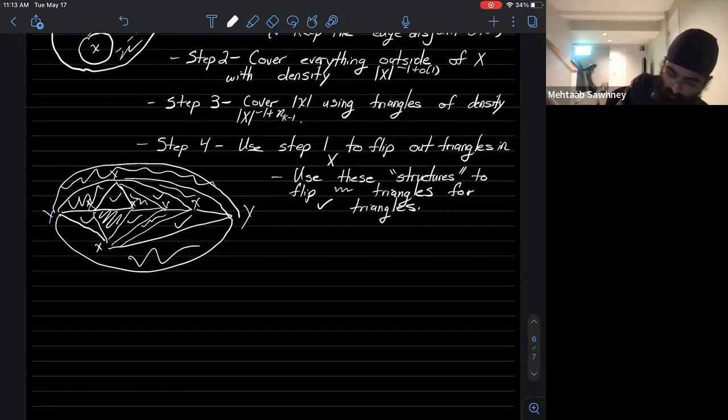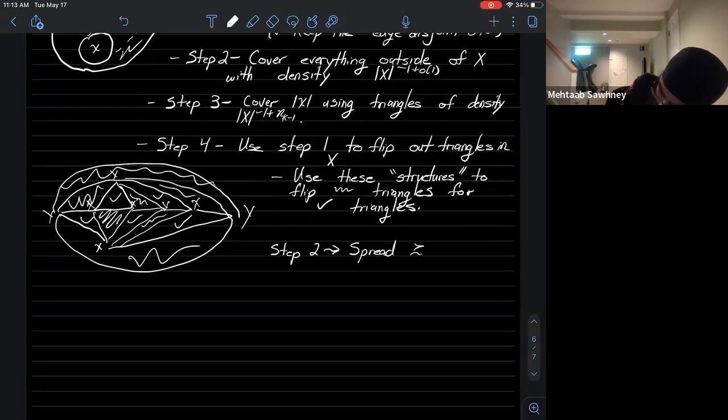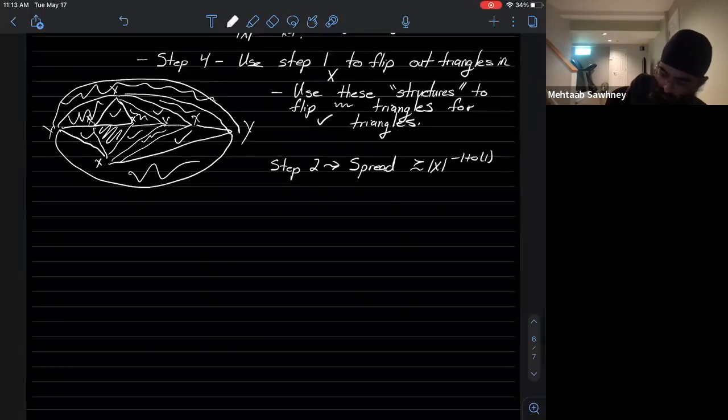The key reason this works out is that in step 2, I use these triangles. So this forces that the spread is at least something like x to the -1 plus a little 1. And if you stare hard enough at this construction, it turns out the worst triangles are the check triangle, which is x, x, y.